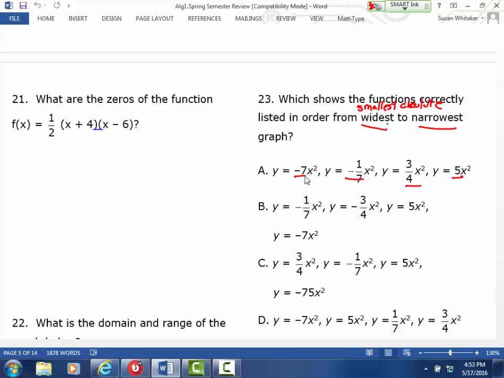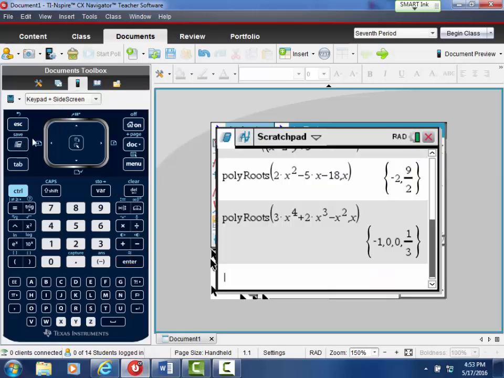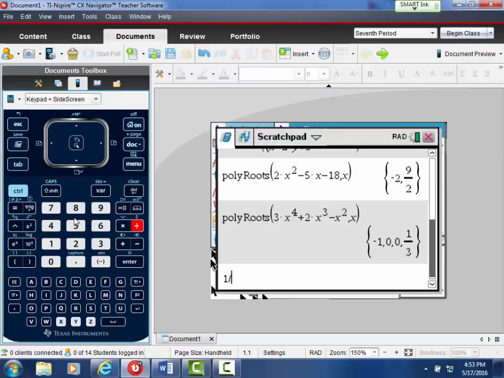Well, I know that 1/7 and 3/4 are both smaller than 1, so they're going to be my two smallest numbers. But I don't know which order they go in. The easiest way for me to figure that out was to turn them into decimals. So I go back to my calculator and I do 1 divided by 7. I'll go ahead and do Control Enter.